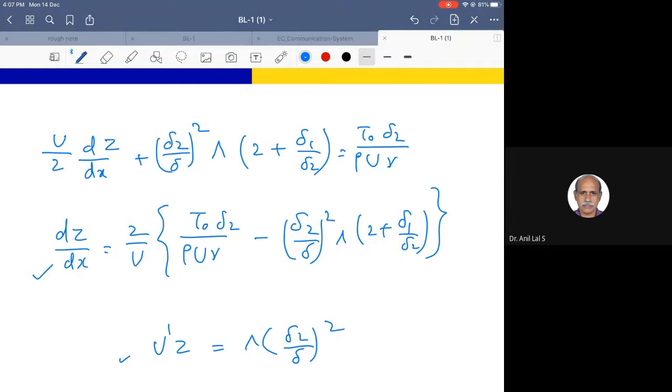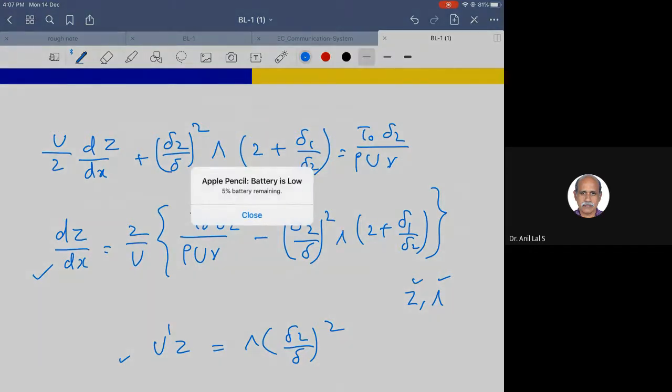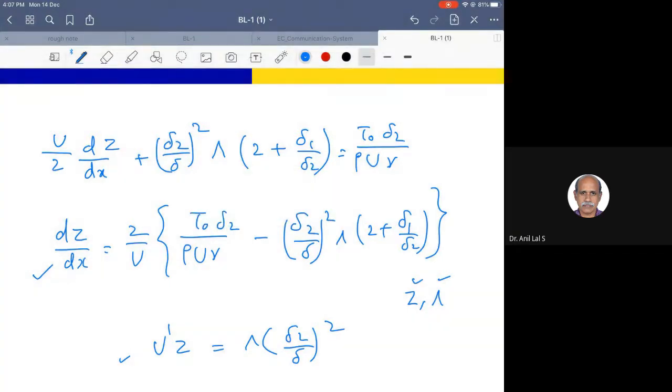The numerical solution is done to find z and lambda. Once z and lambda are known, we will be able to find all the other relevant boundary layer parameters. So that is what is done in Pohlhausen's method.